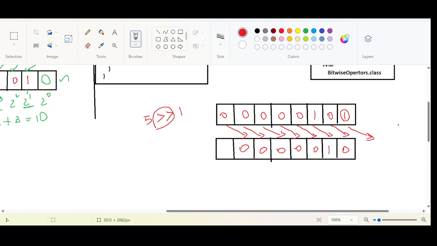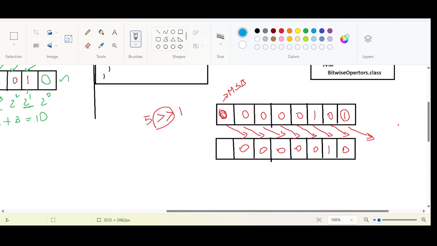Very simple. MSB, yesterday we were talking about MSB. If you remember, MSB is the most significant bit. The leftmost bit is called the MSB, the most significant bit, right? Whatever MSB value you find in the actual number, you fill the void, you fill the gap with the same value. As simple as that. In this case, the MSB is 0, right?